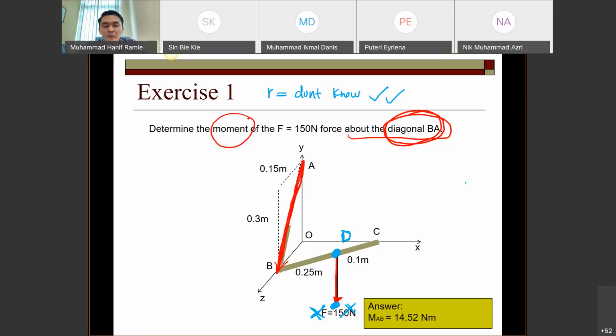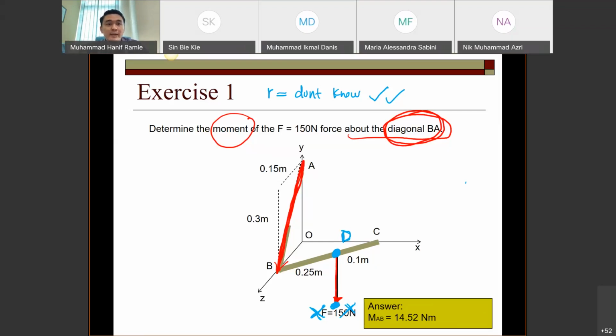Okay, again, my question: where is the R? From one point to another point, so from where to where, R? Maria Alessandra from the Philippines, do you have any answer? AD, yes. Another one? BD. Yes, correct.